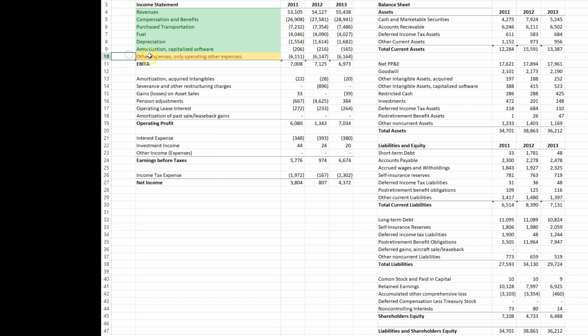So ultimately what we do is we'd go find the table that other expenses references here, and we would find the breakdown. So we'd be looking for some table that said, footnote 1, other expenses, and then it would list 1, 2, 3, 4, etc., and it would tell us what those other expenses are.